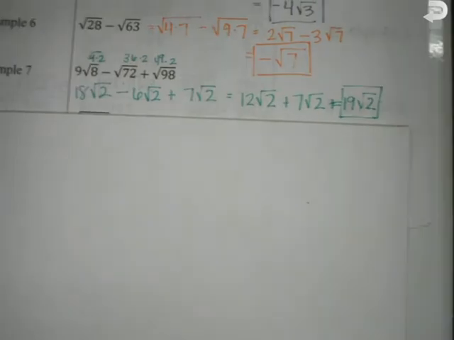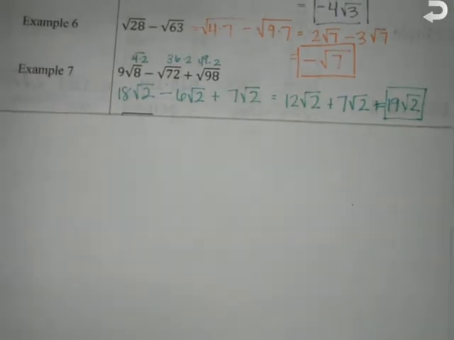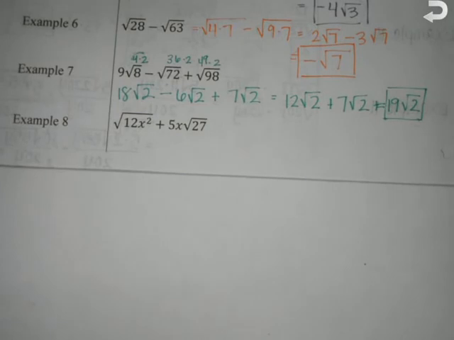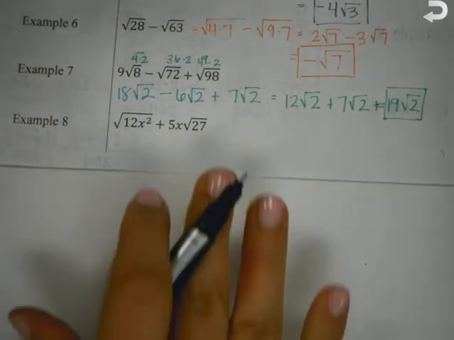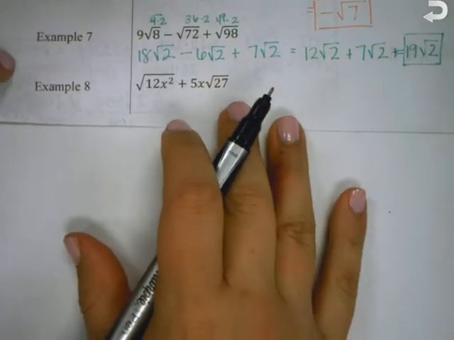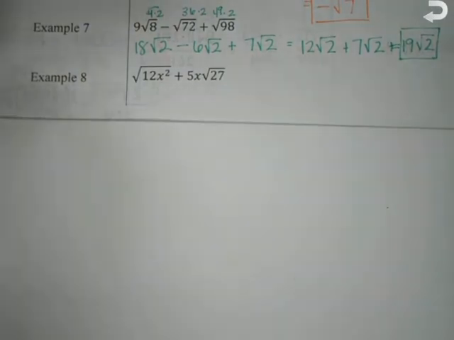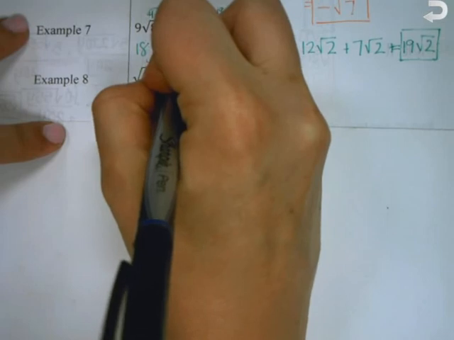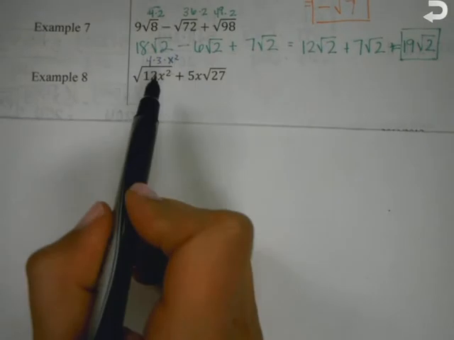Okay, so last one, example 8. 12x squared. Can I break down the 12? 4 and 3, right? This is 4 times 3 times x squared. Okay, what's the square root of 4? 2. And what's the square root of x squared?